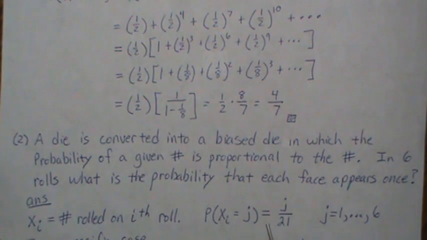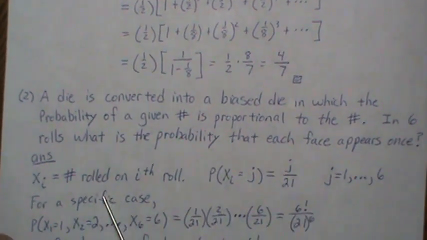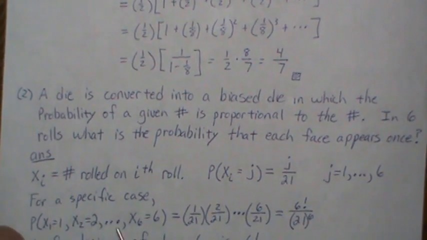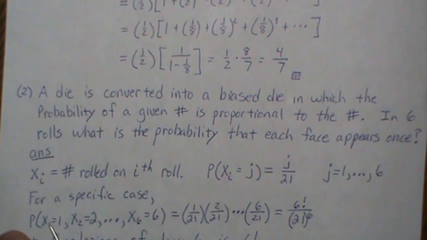So now for a specific case, and I'm going to make this up, x1 equals 1, x2 equals 2, all the way to x6 equals 6. So each number is represented once.